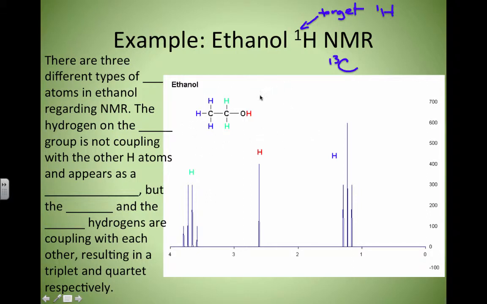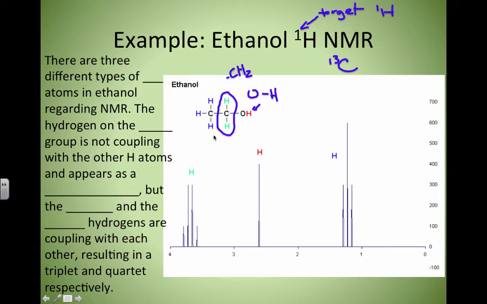Well, the first type that I see is this hydrogen on the end. This hydrogen is the only one that's connected to an oxygen in the alcohol group on the end of the ethanol molecule. So that hydrogen is going to have a different signature in the NMR than any of the other hydrogens. Then in the center, we have hydrogens that are connected to a carbon in a CH2 grouping.